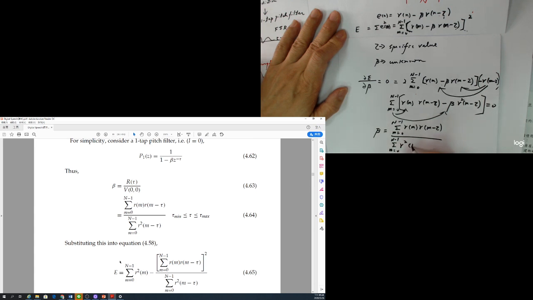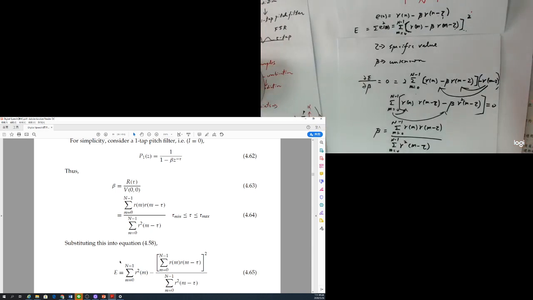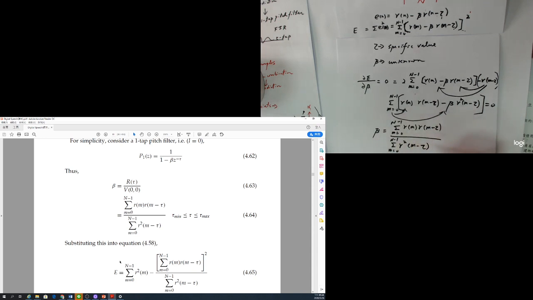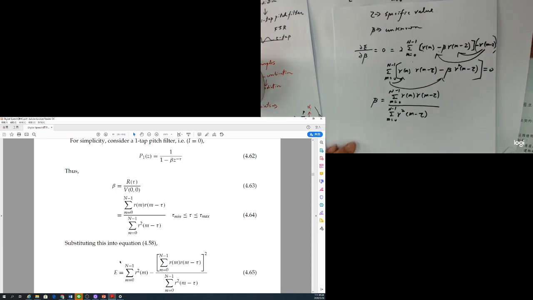Sometimes they adjust it a little bit by the pitch step, more like a normalized correlation value. If your beta becomes this value, you can have the maximum. So what's our tau?